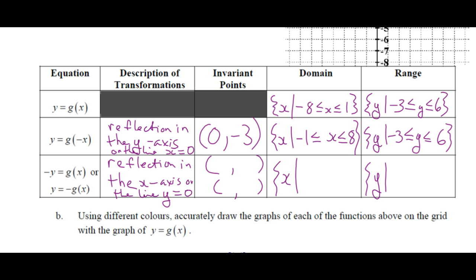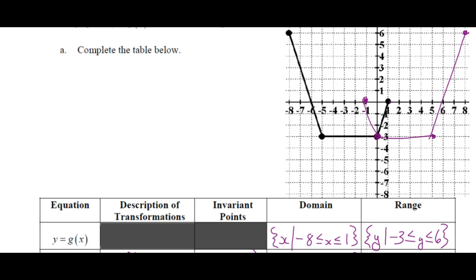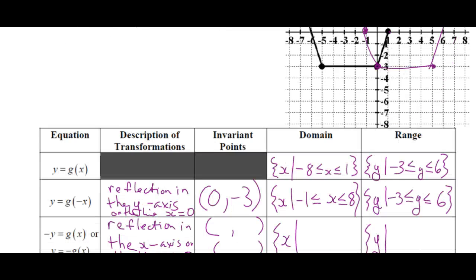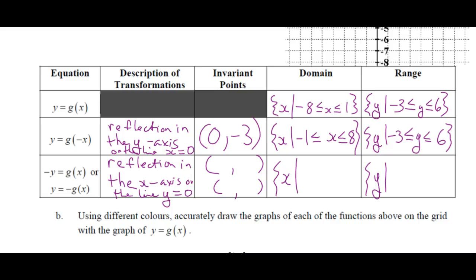Okay, what are the invariant points? Not there yet? Okay, what's the domain? What's the range? Okay, so the domain is the same as the original, right?